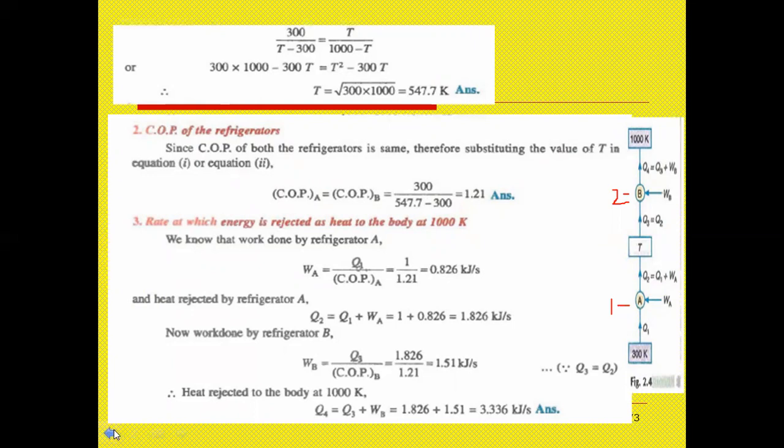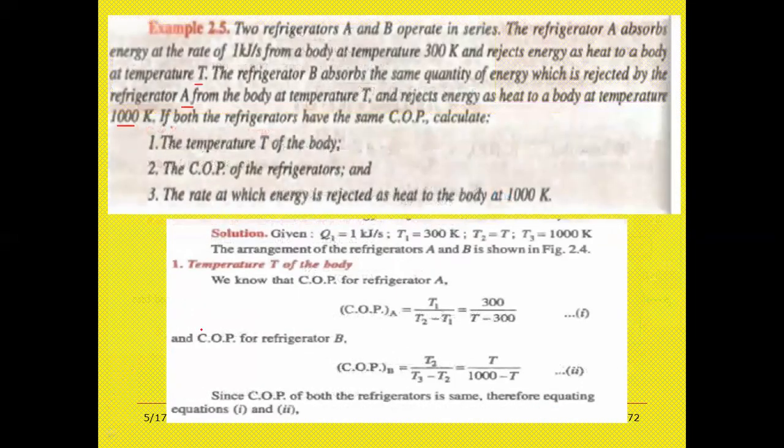Now first find out the temperature T of the body at T2. Generally we know the COP of A. COP of A is equal to T1 by T2 minus T1. Here T1 is 300 and T2 is equal to T. Keep this as equation 1.